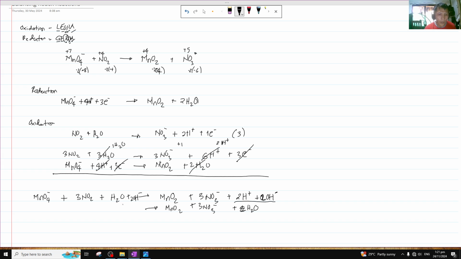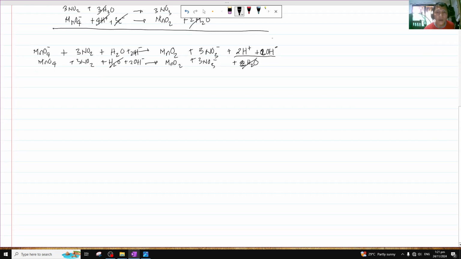And then we can see that you have here a water molecule and 2OH negative, and then you would have 3NO2 and MnO4, but still you have to cancel the water. You have one water there, you have two here, so basically you would have one water molecule here, one H2O.